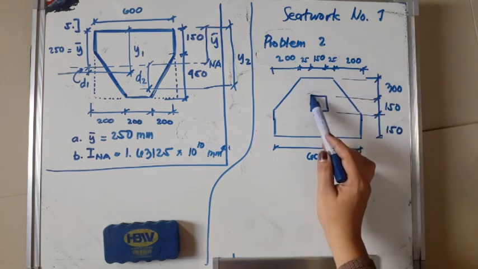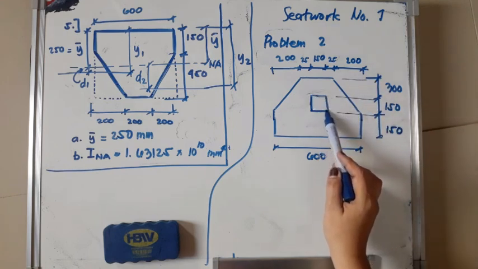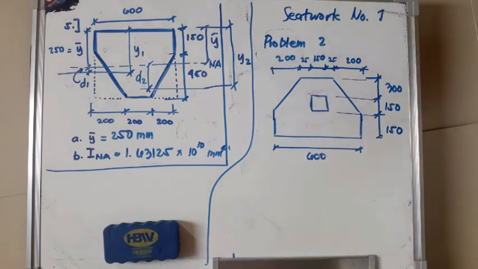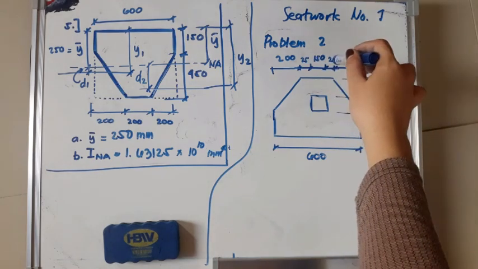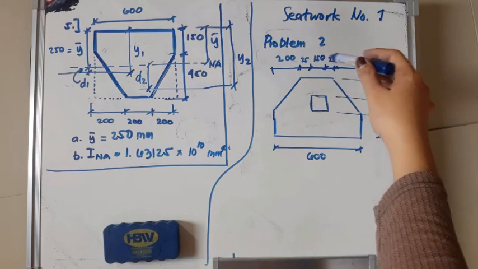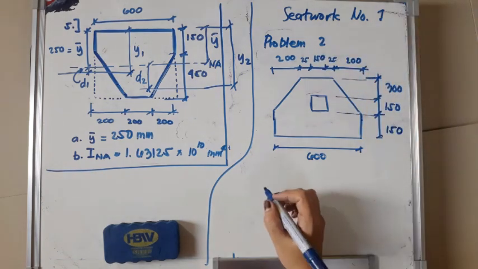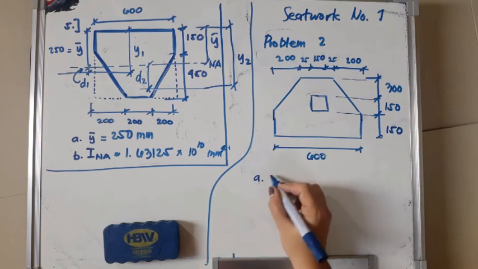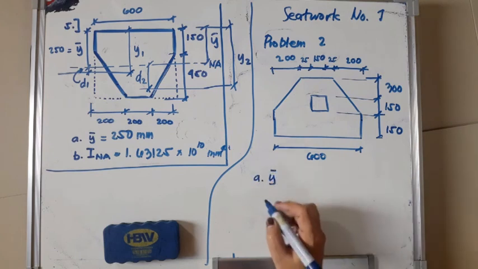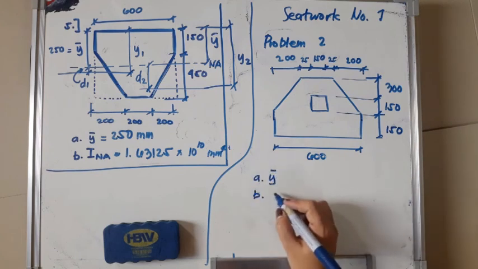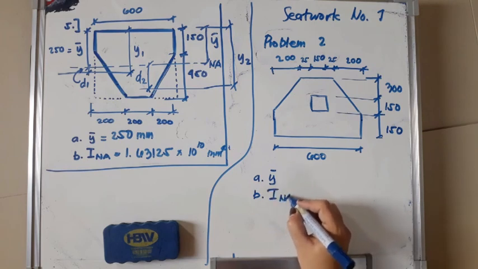Okay, so this hole here is 150 by 150. Okay, so 150, 25, 25, 200, 200. So this one is 200. Okay. So the required are bar Y, letter B, I of A.